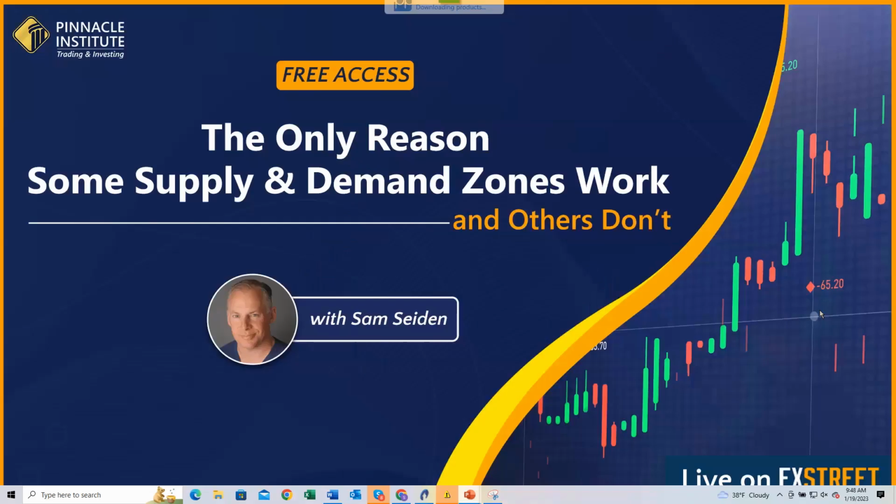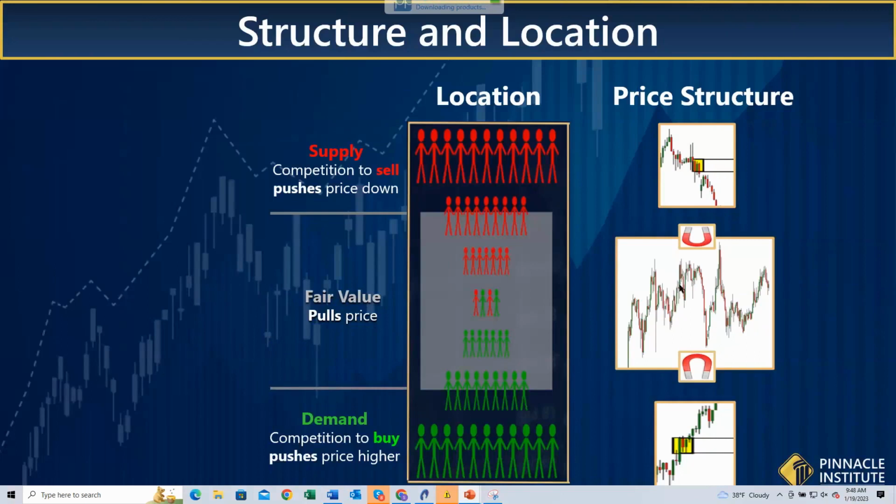So, to make sure we're all clear on today's topic: why do some supply demand zones work and others don't? The number one reason is location: buying and selling inside fair value where there's a lack of a significant supply demand imbalance. Everything starts there.